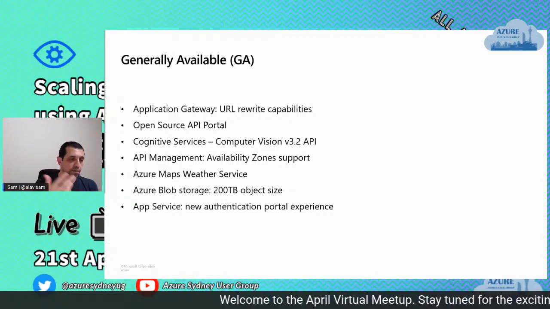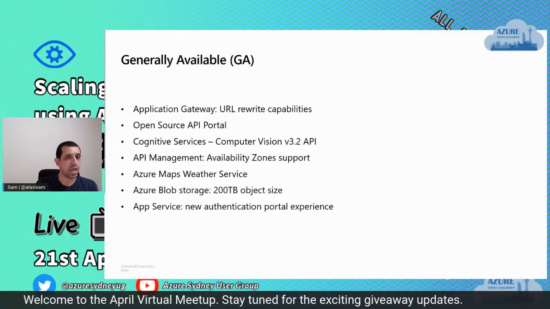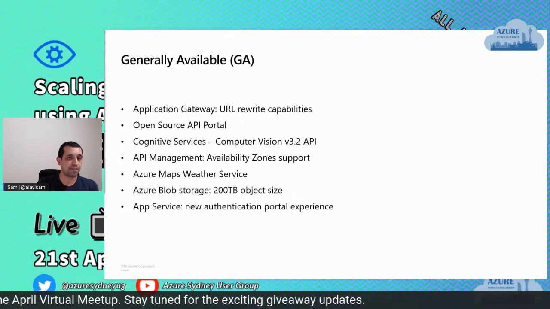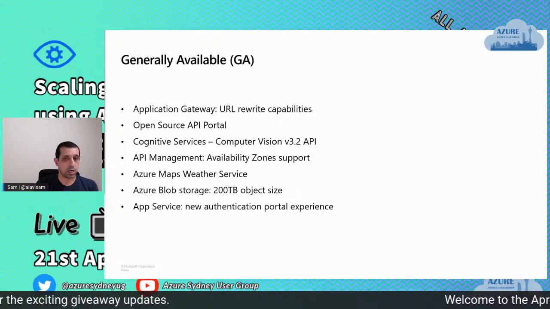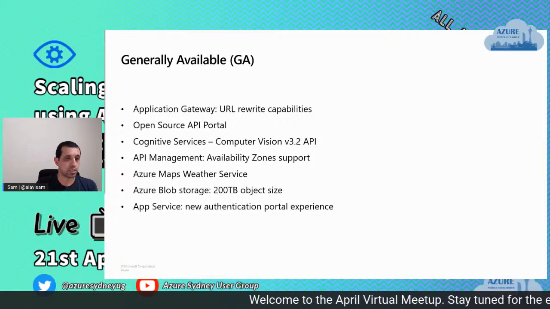Before this feature, we had to break them into smaller chunks, but now with this feature GA, we don't need to, and we can store objects of up to 200 terabytes in Azure Data Lake Storage Gen 2.